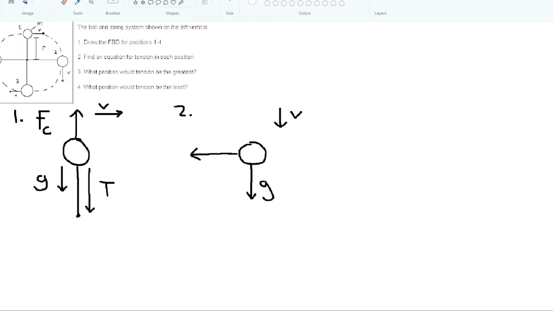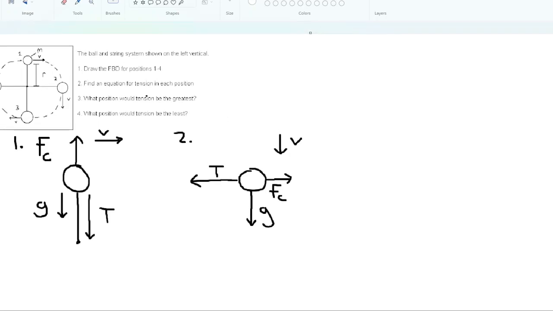We're going to have tension. And then we're going to have centripetal or centrifugal force. The reason I keep saying centripetal or centrifugal is because they're equal. But the word centripetal literally means center seeking, seeking towards the center. So if it's a center seeking force, it is going towards this way.